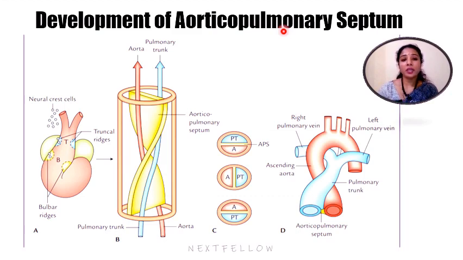And the spiral orientation of the ridges results in a spiral aorticopulmonary septum. So when these ridges fuse, we can see the spiral formation of the septum. So the septum divides the bulbus cordis and truncus arteriosus into two channels. One is the aorta, the other is the pulmonary trunk.